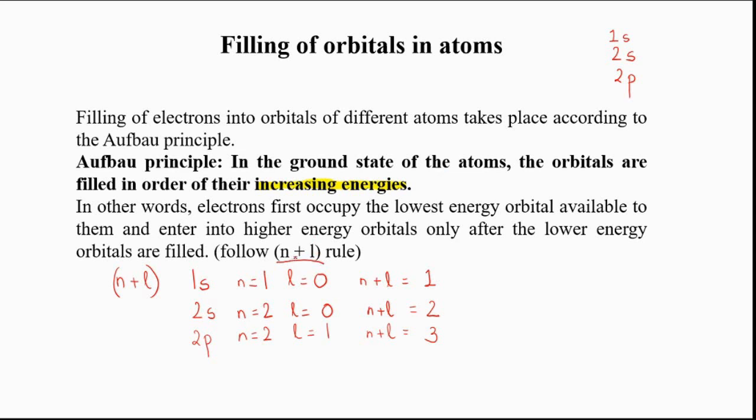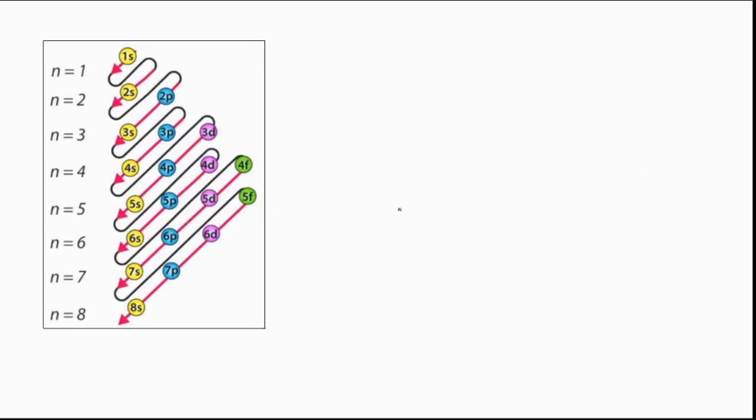And if we have to follow the n plus l rule and fill the electrons, we can use this construction. This is a very famous construction, also mentioned in the various NCERT or other state level books. How do we build this? First we have the filling in the 1s orbital, as per the various other rules that we'll be discussing in a few minutes.